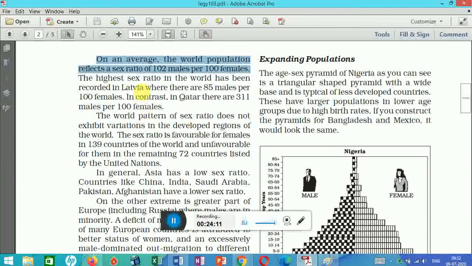Now let us find out the country with the highest sex ratio and the country with the lowest sex ratio. Here, highest sex ratio means the country having the most favorable, positive sex ratio. The highest sex ratio in the world has been recorded in Latvia, where there are 85 males per 100 females.